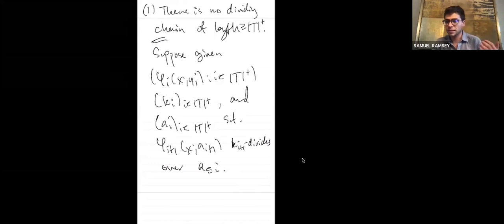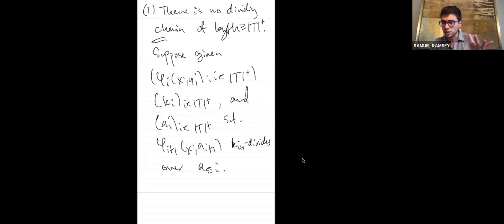I mean that it divides with respect to some indiscernible sequence, and the amount of inconsistency you get is k_{i+1}. If you have an indiscernible sequence and the instances of your formula are inconsistent along that indiscernible sequence, then they're inconsistent for some n. So let that n be k_{i+1}.